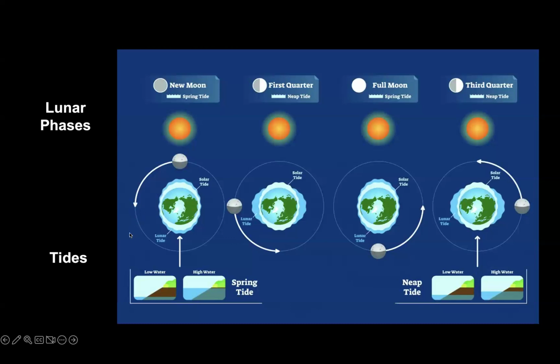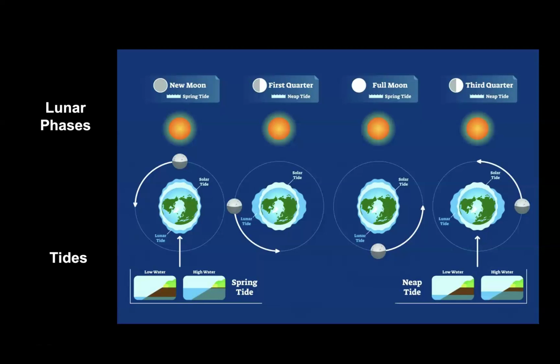But when we talk about high tides, it means we get the highest tide and the lowest tide. It means the amplitude between the wave of the high and low tide is the greatest. Now, they're going to be minimal at the first and third quarter moons, when the gravitational pull of the moon is kind of counteracting that of the sun because they're working in opposition to each other.